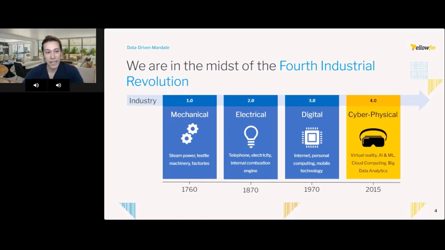And this was really a revolution of mass producing goods for consumption. But in the late 1800s, Industry 2.0, or the second industrial revolution, was marked by the advent of electricity and telephones and telegraphs. And this was really around communication systems connecting people.